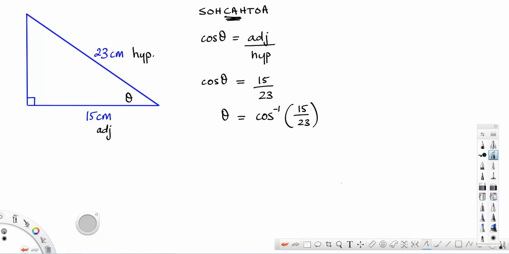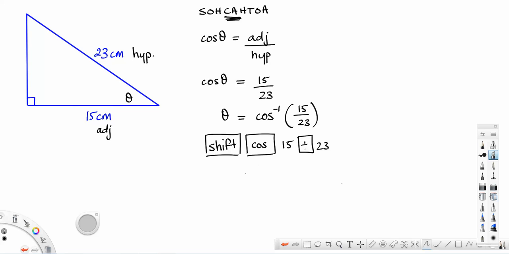The way we do it on a calculator, we go shift. You don't have to write this when you do it. I'm just doing it to show you the buttons you need to press. Shift cos. And then 15 divided by 23, and you might need to close some brackets, but that's basically it.